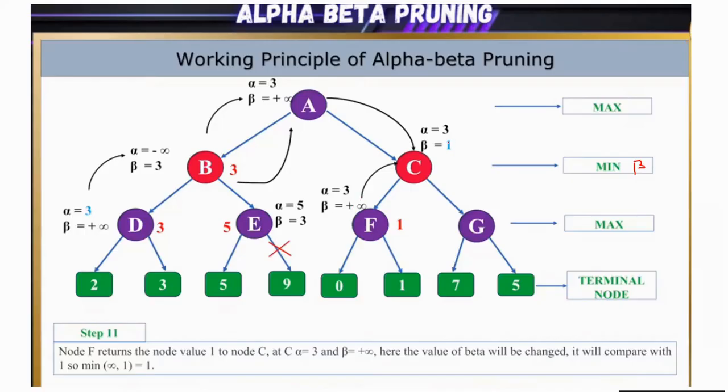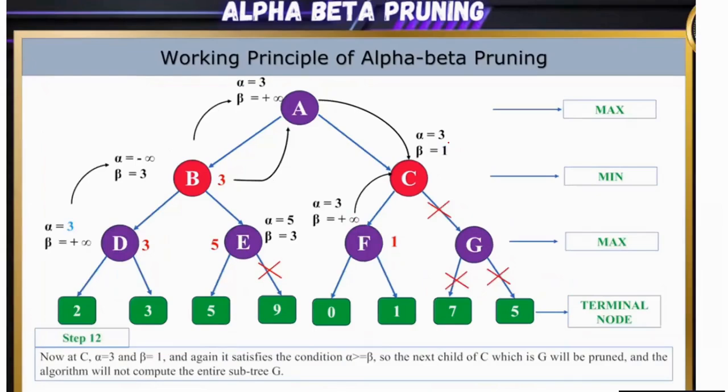So 1 is updated here. Now here alpha equal to 3 and beta equal to 1 we got. So now the condition is whenever alpha is greater than or equal to beta, we don't want to go. So now we come to know alpha equal to 3, beta equal to 1. That means this side is complete, no need of doing. We have to prune. This is the advantage of alpha beta pruning.